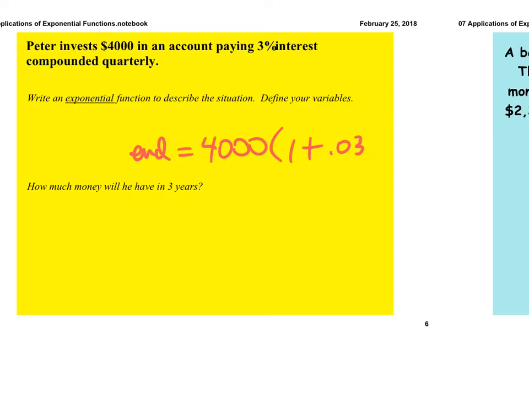That means I'm going to have to change this to what? Divided by 4. Divided by 4 is correct. Very good. That's what quarterly means. So you divide that by 4. Okay. Then, how much money will you have in 3 years? This is where the time goes. And so you change that to 3 if you want to answer that question. Okay, so first I wanted to mention that.